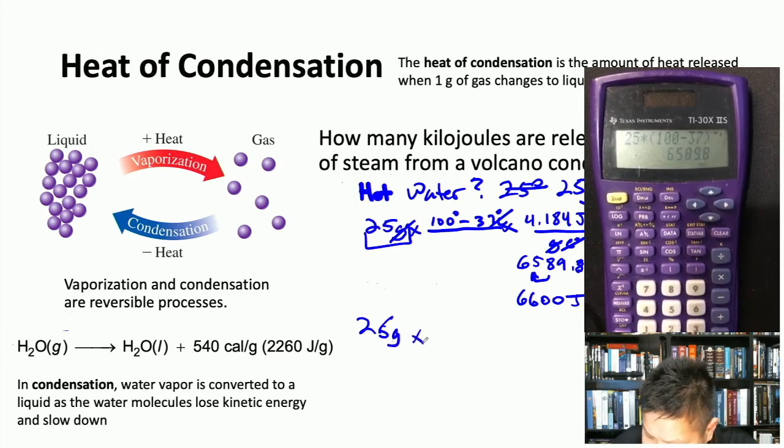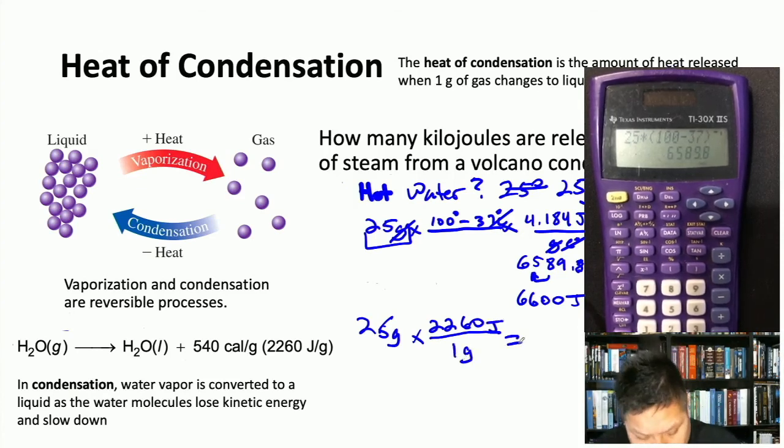And this time, instead of using the specific heat of water, we'll use the heat of condensation of water, which is 2260 joules per gram. And we'll calculate that real quick.